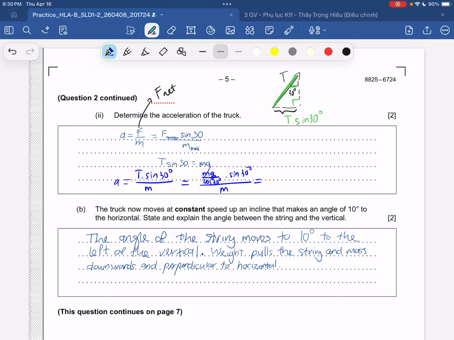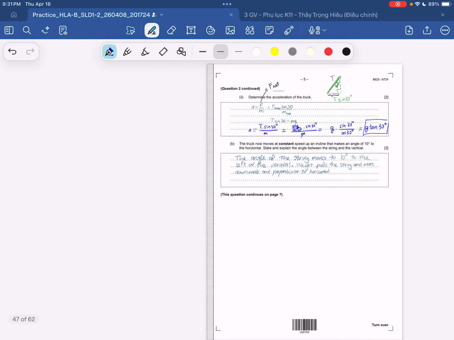So we can see that m cancels out. What is left here is just g times sin 30 over cosine 30. So that should be g times tangent of 30, right? Okay, so this is one way for you to determine the acceleration.